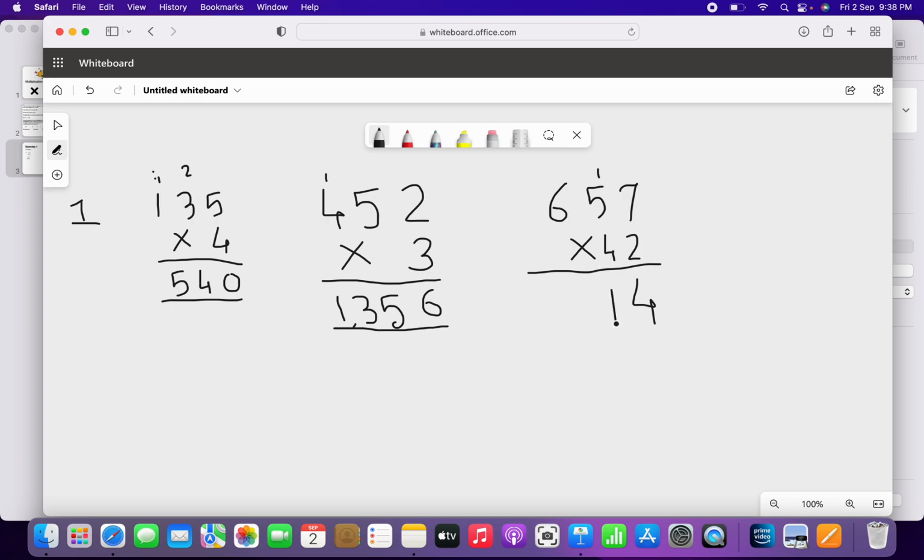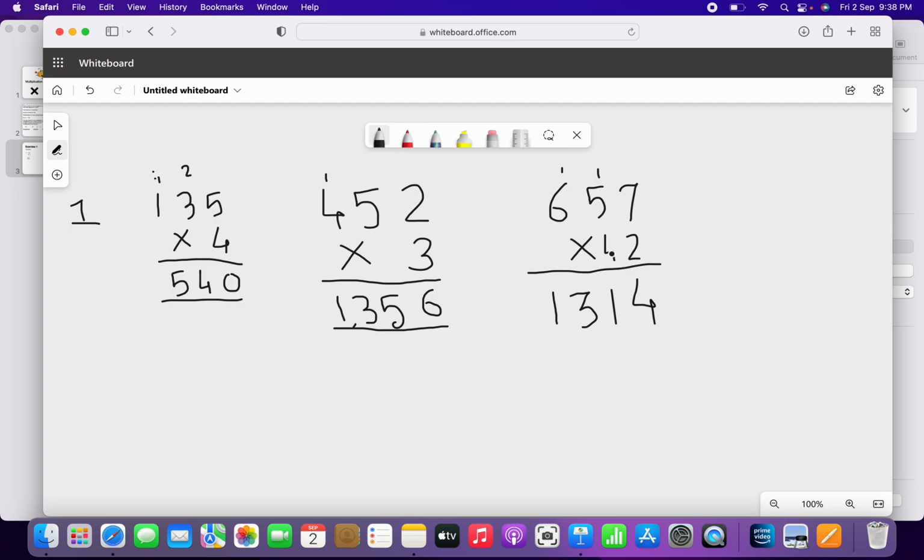You write 1 in the tens position and you carry over 1 on top of the 100. 2 6s are 12. 12 plus 1 is 13. So how much is it, boys? 657 times 2 is 1314.